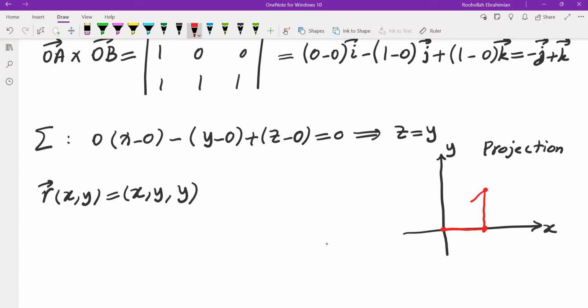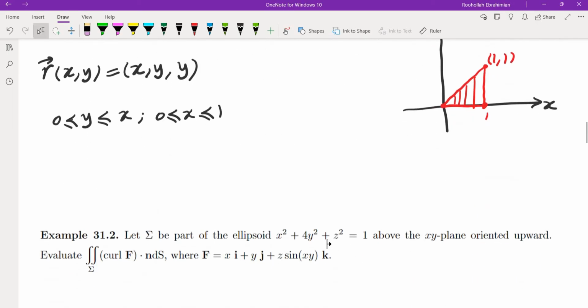So this is the projection onto the xy plane. Now we can set the limits of x and y. y goes from the bottom of 0 to the top of x, and x goes from left to right, 0 to 1.